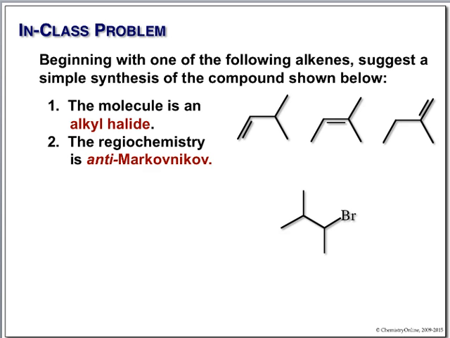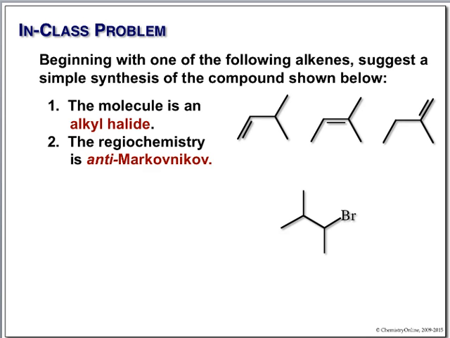This is the secondary carbon, but this half would be Markovnikov relative to this carbon, wouldn't it? Here we have a tertiary carbon, secondary, so the anti-Markovnikov regiochemistry would be here.